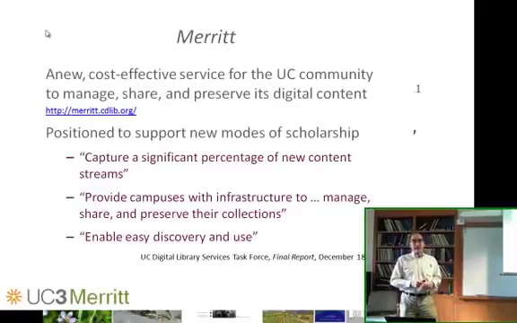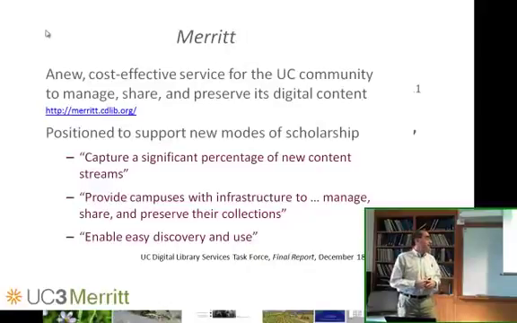And we think that it provides a very good platform for cost-effective service that will allow you, as members of the UC community, to manage and share and preserve the valuable digital content that results from your research and teaching activities.